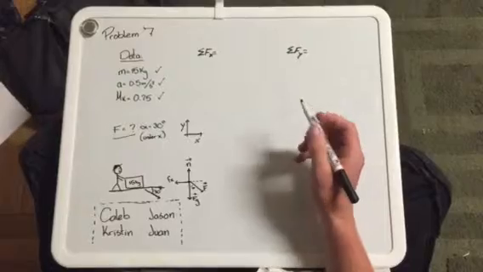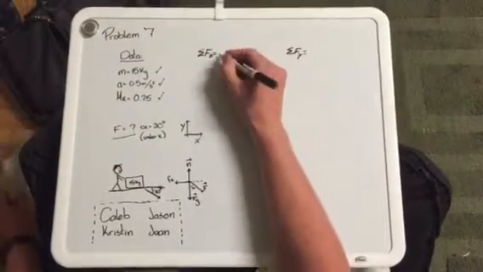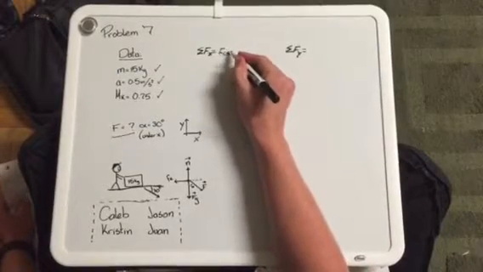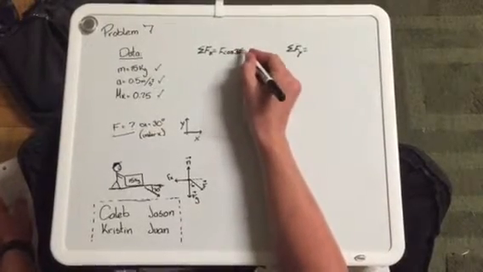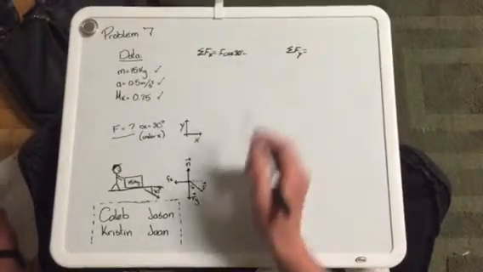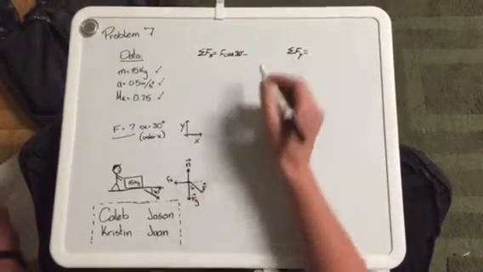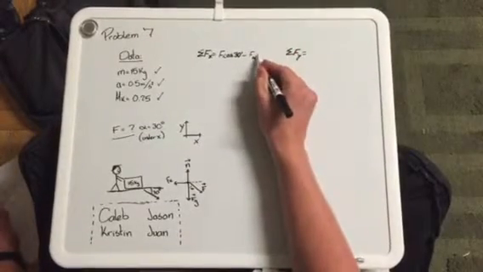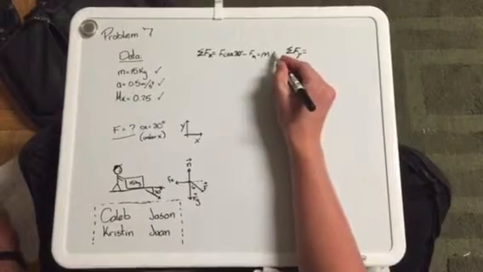So first, for the x direction, we have the force here times the cosine of 30 degrees, and we subtract that from the force of friction in the opposite direction, the kinetic friction, I should say, and set that equal to mass times acceleration.